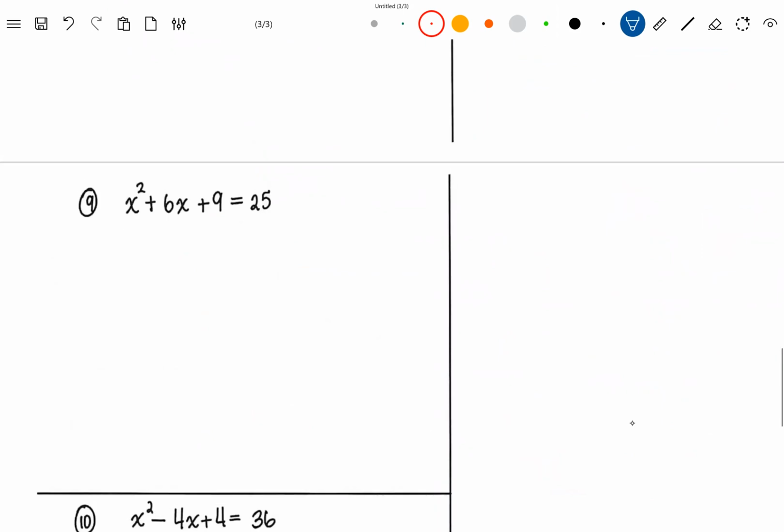Now, yesterday we learned the quadratic formula, and we learned that we could plug anything into the quadratic formula. But another trick is you can see if this trinomial here is a perfect square trinomial. So half of 6 is 3. 3 squared is 9. It is a perfect square trinomial. So I can write this as x plus 3 squared, because half of 6 is 3 and 3 squared is 9.